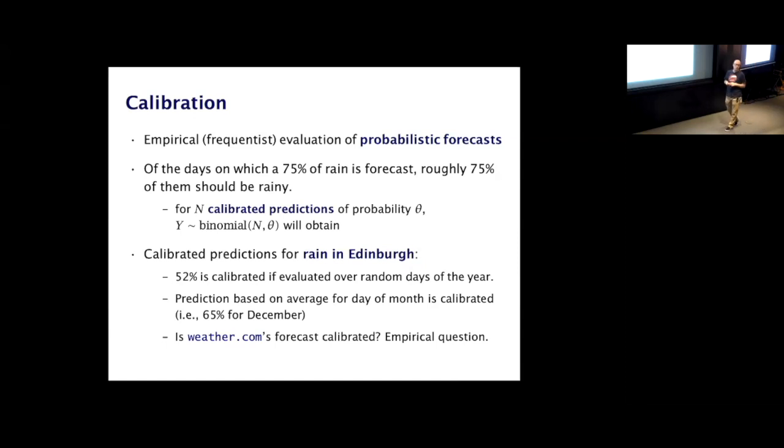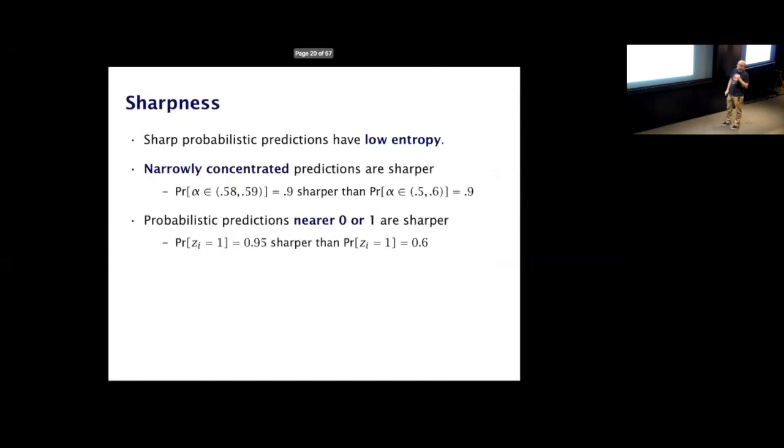If we're running a betting pool, or doing finance, we better do that, or we're going to lose our shirt. And we often want sharp predictions. Given two different predictions, we want intervals that are tight. We'd rather know that alpha is between 58% and 59% than that it's somewhere between 50 and 60%. We might have two different models, both of which are calibrated and the probabilities are right in some sense, but we like the ones that are sharper better.